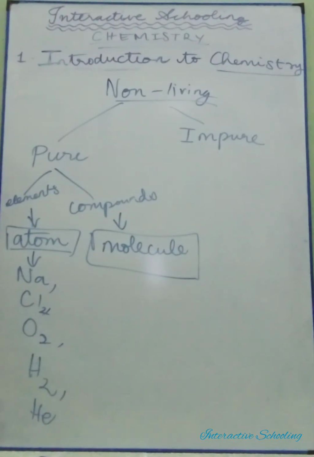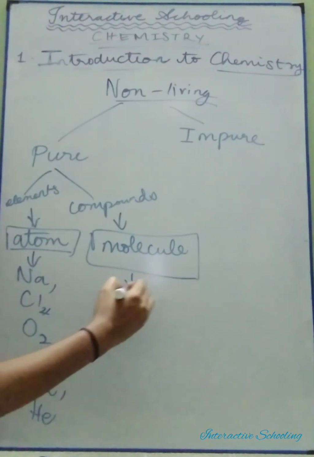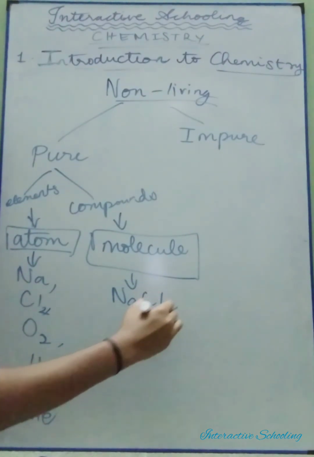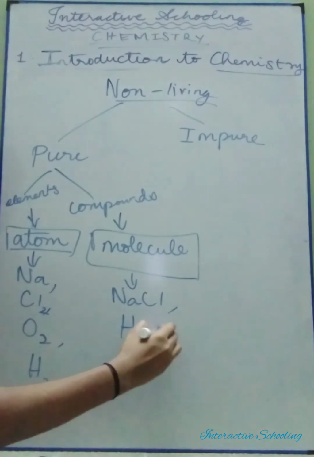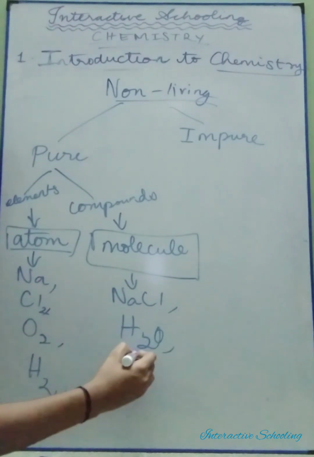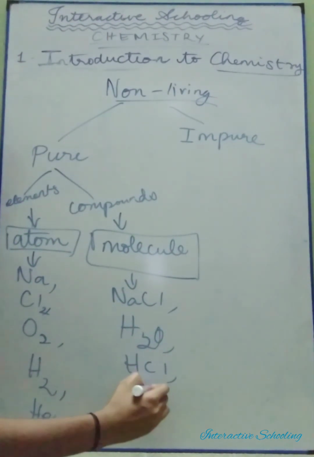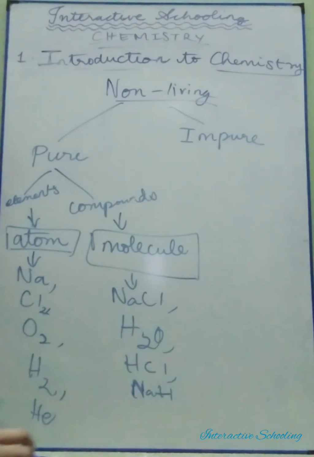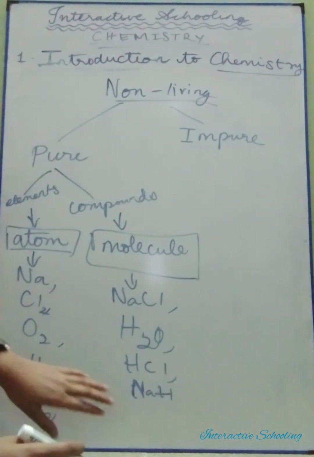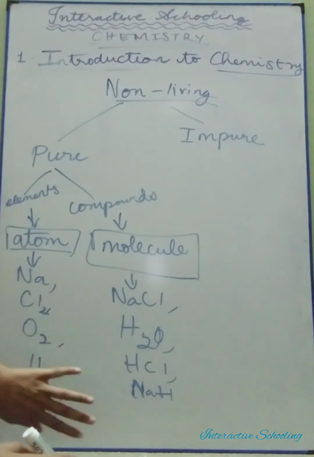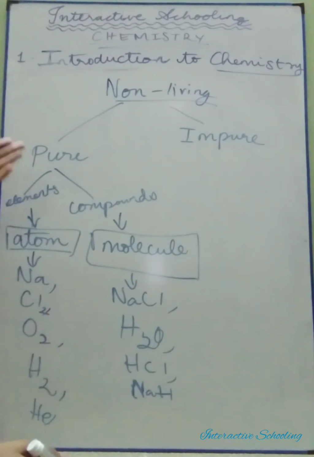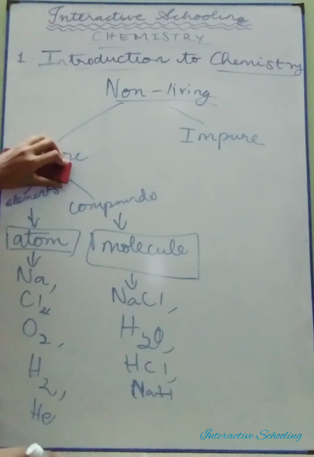What about compounds? Sodium chloride, water, hydrochloric acid, sodium hydride. All of these are compounds. They are made up of different kinds of elements. So this is what an element and a compound is.